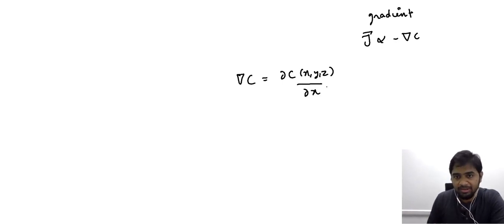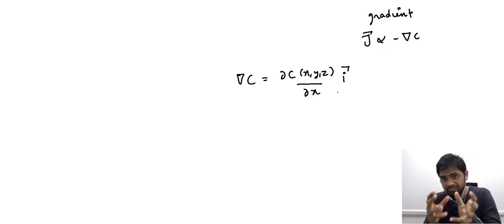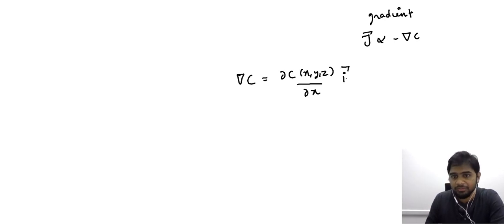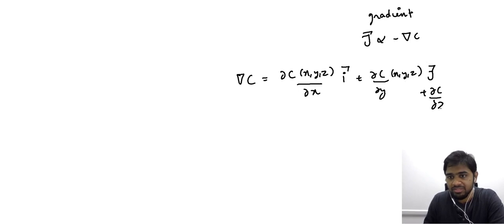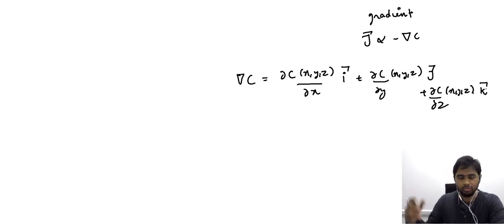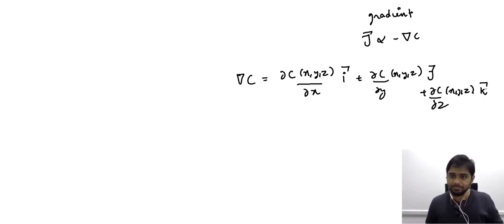So dou c by dou x, since the outcome is a vector, we are associating it with one of the orthonormal bases, that is the i vector here, and secondly dou c by dou y. Since it is a three-dimensional system, we have x, y and z associated, and this partial derivative is associated with another basis, and finally we have dou c by dou z, which is associated with another orthonormal basis, that is the k vector.